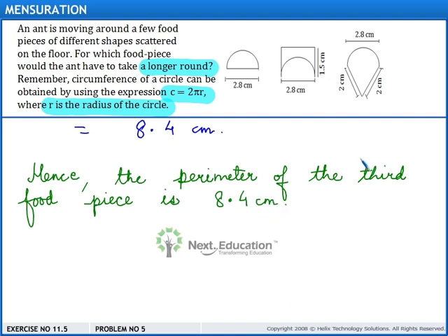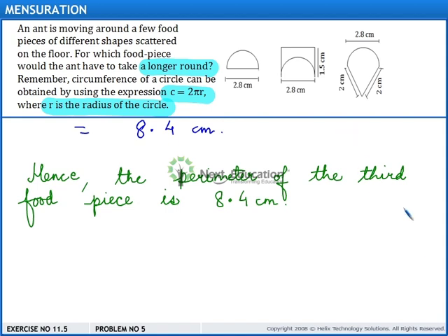Now what are we asked to find out? We are asked to find out for which footpiece the ant would have to take a longer round. So among these three figures, the figure which has the greatest perimeter, for that footpiece the ant would have to take a longer round.